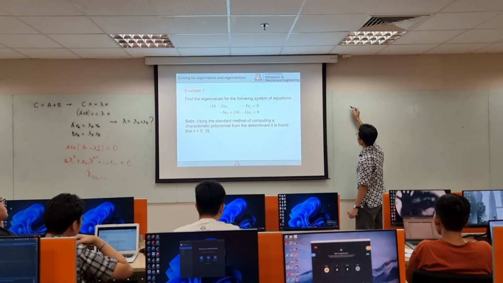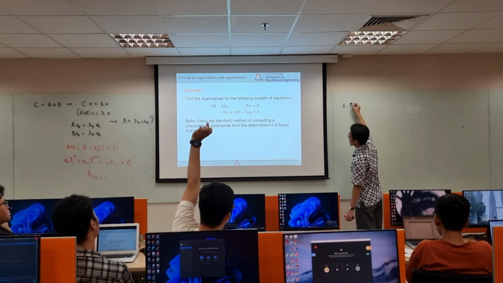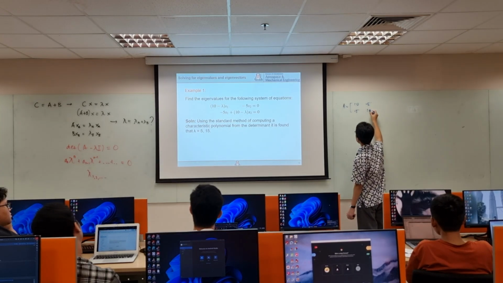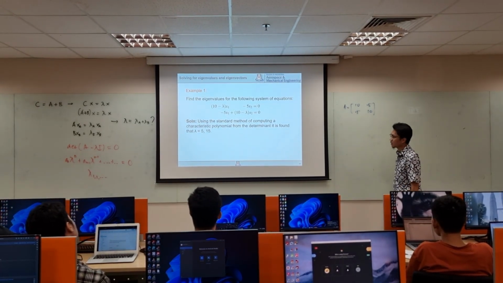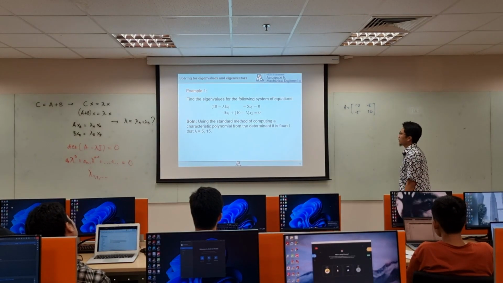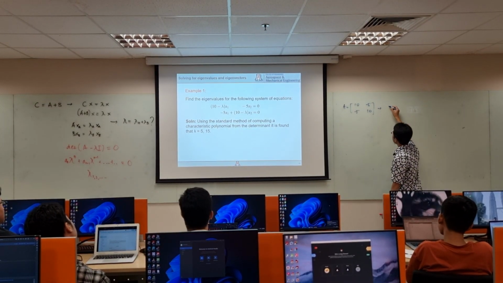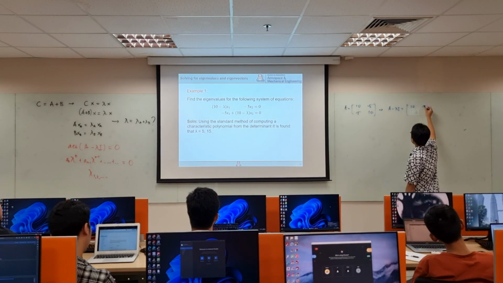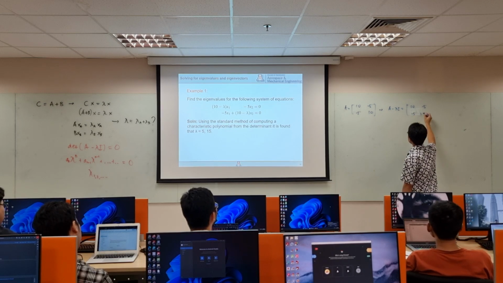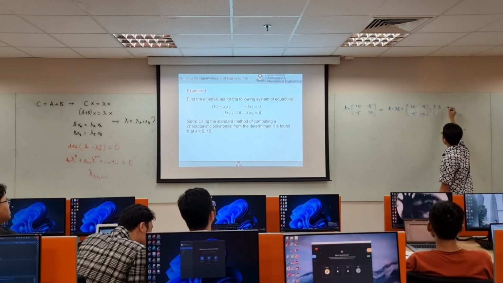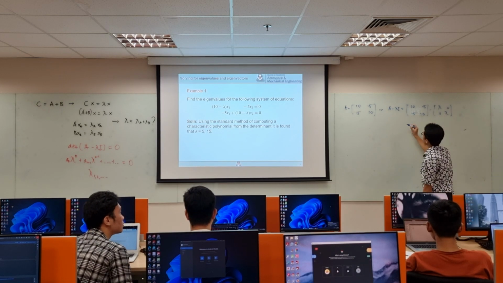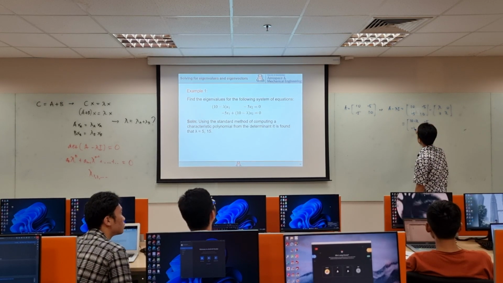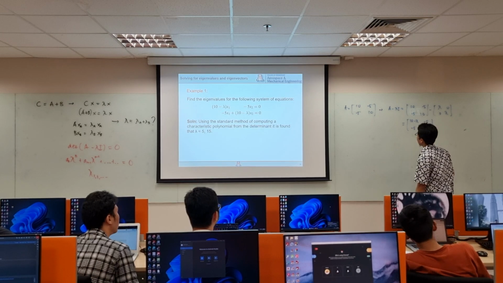In that case, we have A to be 10, minus 5, minus 5, and then 10. This is a symmetric matrix. So A minus lambda I is 10 minus lambda, minus 5, and so on.